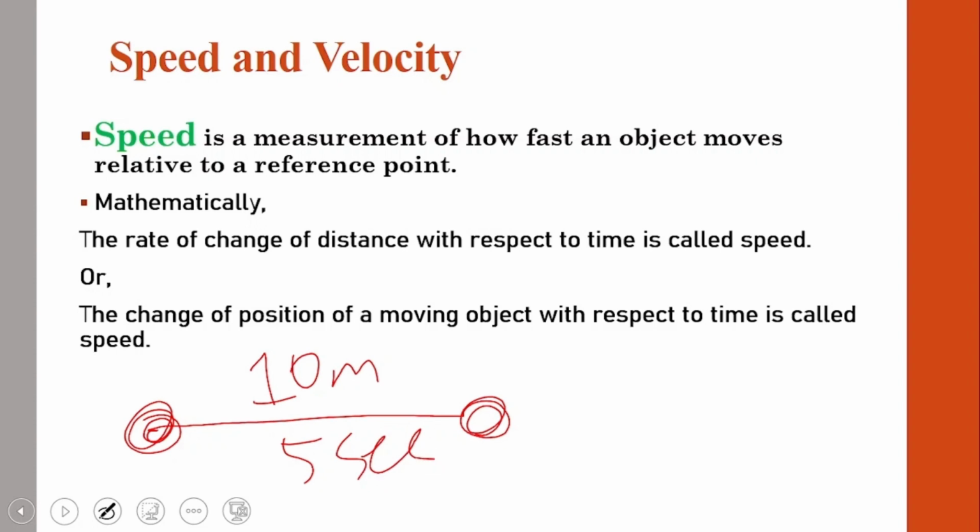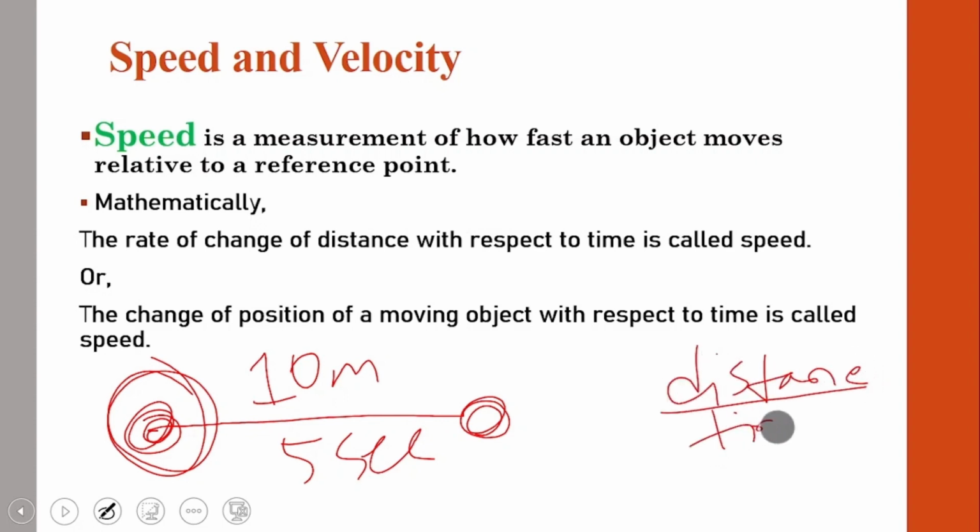Let's say an object is moving and has traveled 10 meter in 5 seconds. Now, we can find out the speed of the object by dividing its distance by the time. Here distance is 10 meter and time is 5 seconds.